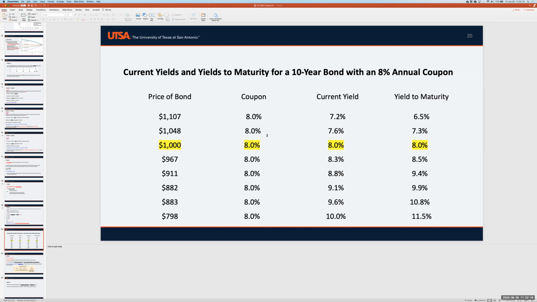If the coupon rate is higher than the yield to maturity, which is the discount rate, we have a higher bond price. If the coupon rate is lower than the yield to maturity, we have a lower current yield.